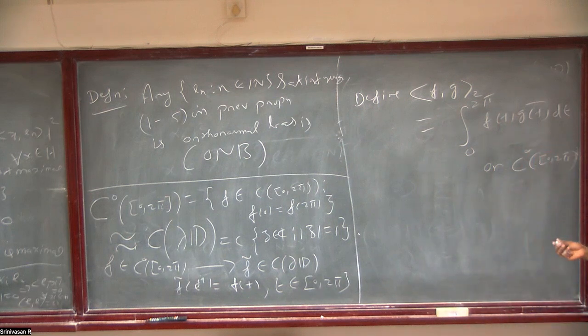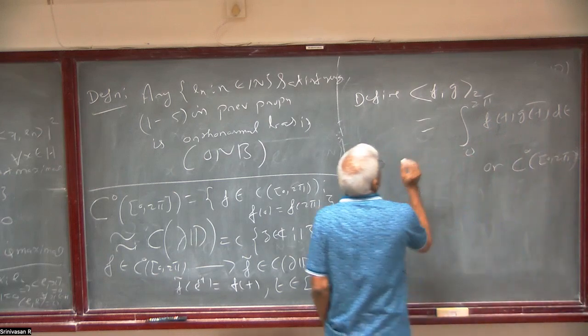This is a genuine inner product. We have seen it in the first class. On any interval, this is a genuine inner product, and it's positive. For a continuous function, if the integral of norm f square equals 0, then f is 0 as a continuous function. So this is an inner product.